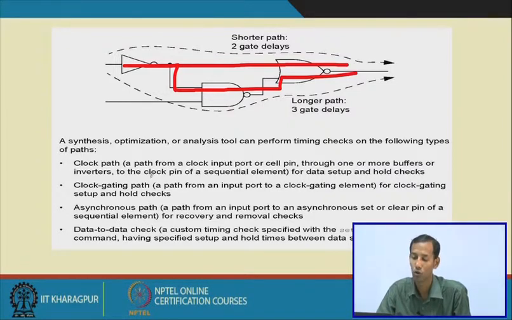Okay. So what is a clock path? A clock path is a path from a clock input port or cell pin through one or more buffers or inverters to the clock pins of a sequential element. Clock paths are used for data setup and hold checking, clock gating paths for clock gating setup and hold checking, and an asynchronous path is the path from an input port to an asynchronous set or clear pin of a sequential element.